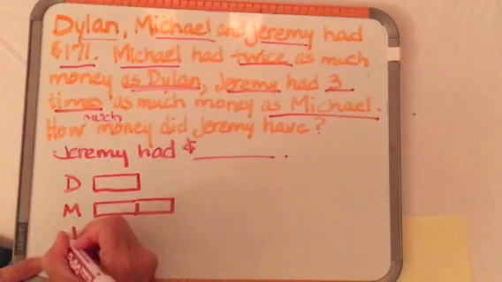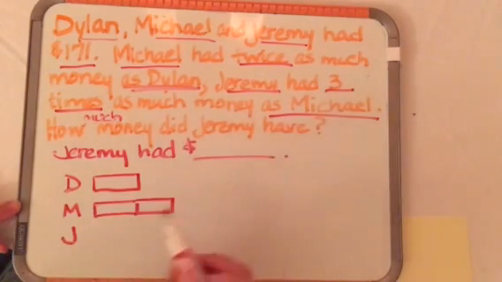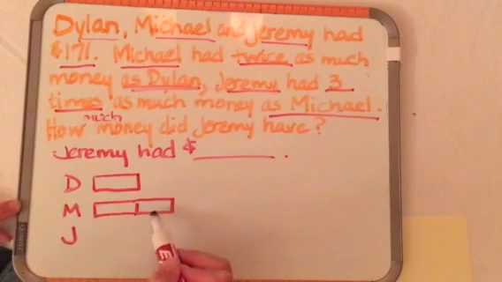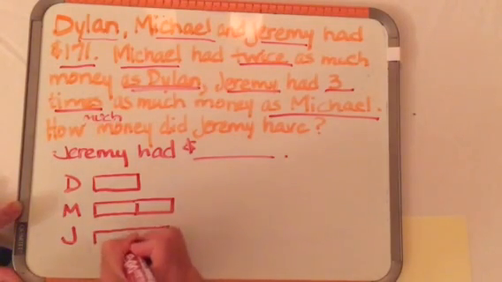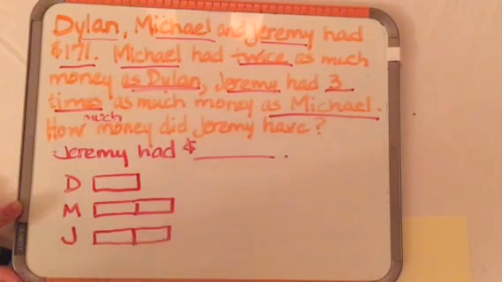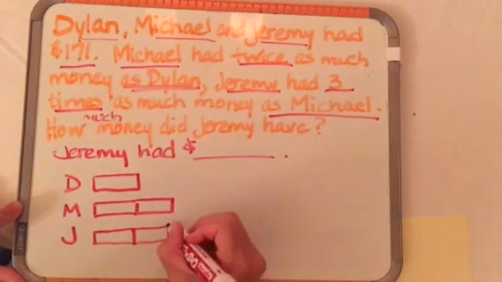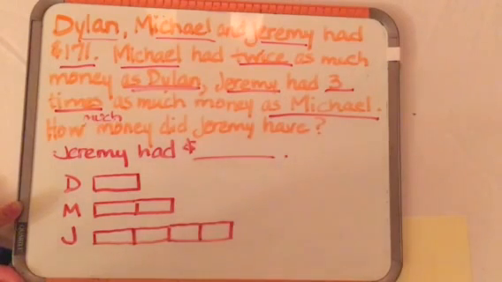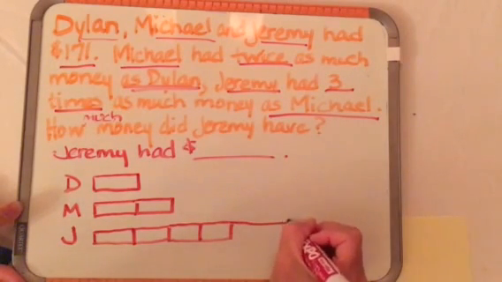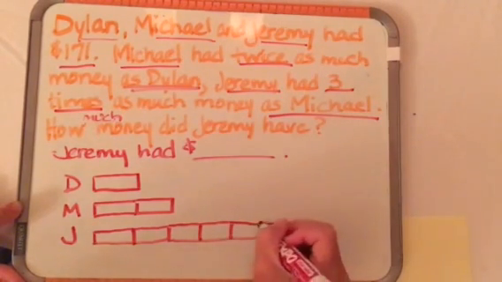Now Jeremy had 3 times as much as Michael. So this is Michael's amount, and I have to do that 3 times. That's 2 times, and that's 3 times.